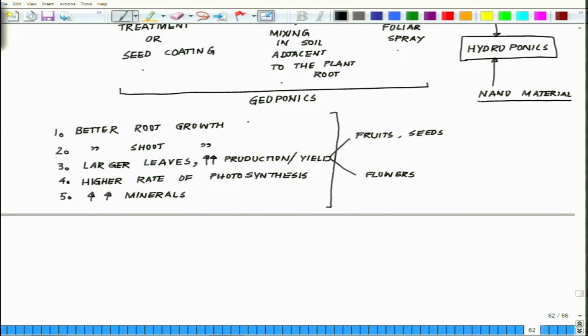Okay, and apart from it, what we have observed is higher dry biomass. So, in other words, more carbon assimilation.